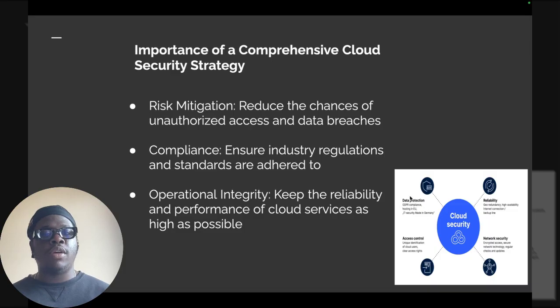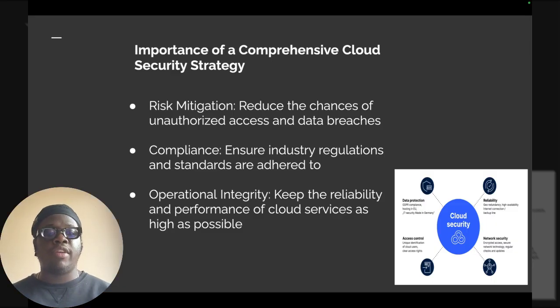If you look at the image I have here, we have pretty much the same thing. It talks about GDPR compliance, hosting in the EU, and IT security. Next, we have reliability, which is about redundancy, having multiple copies of your workloads across multiple regions, so that if one goes down, you can have a disaster management strategy to bring it back up.